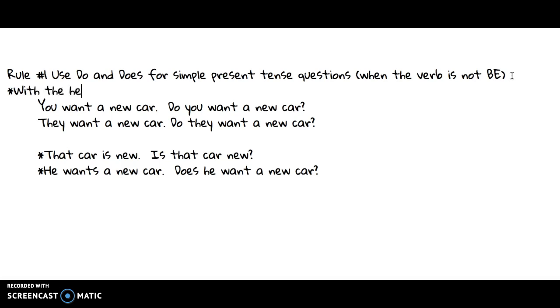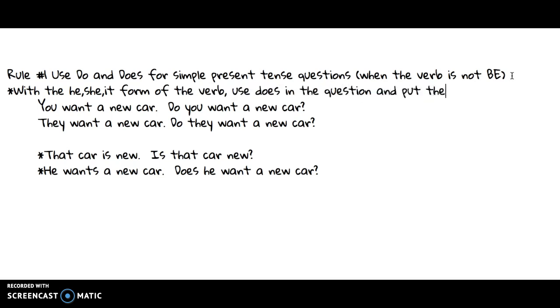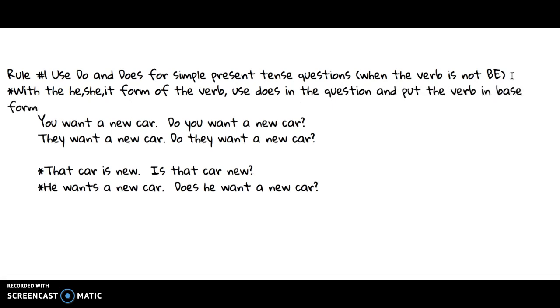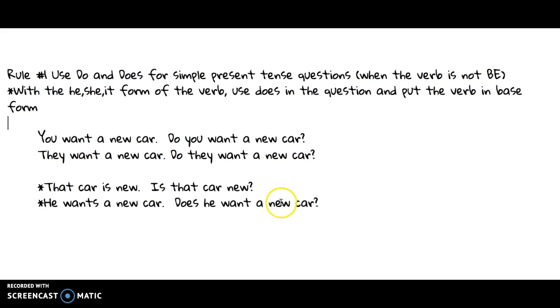With the he, she, it form of the verb, use does in the question, and put the verb in base form. What do I mean by base form? Just like I said, here there's no S, there's no ED, the simple form of the verb.